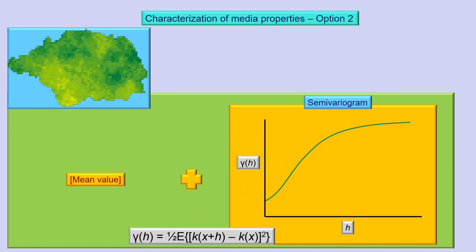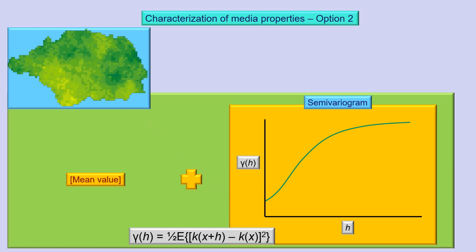is equal to half the expected value of the property at a certain place minus the property at another place squared. So we take the difference between these properties, square them, and the expected value of that squared difference divided by 2 is the value of the semivariogram as it pertains to the distance between them.